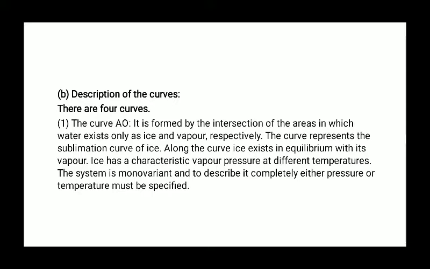The curve represents the sublimation curve of ice. Along the curve, ice exists in equilibrium with its vapor. Ice has characteristic vapor pressure at different temperatures. The system is monovariant and to describe it completely either pressure or temperature must be specified.